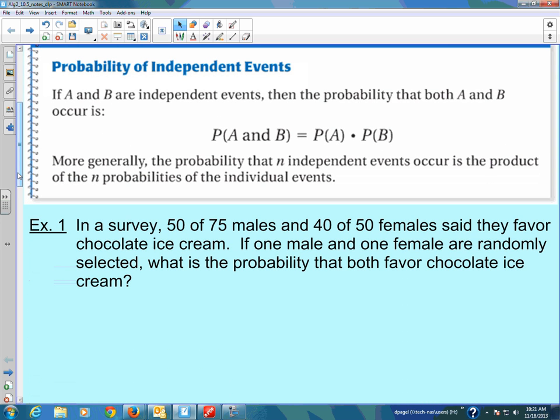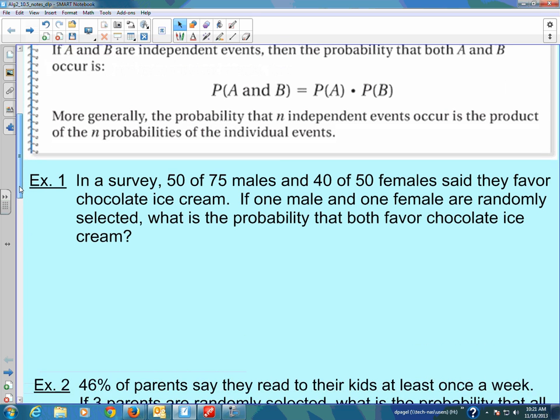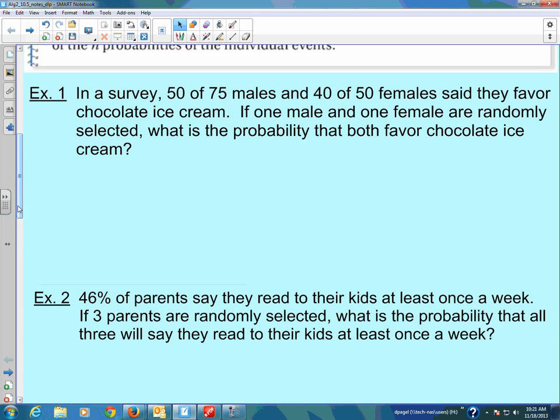Some experimental probability here with a survey of males and females and asking what their favorite choice of ice cream flavor is. So here we have 50 out of 75 males prefer chocolate ice cream. 40 of 50 females said they prefer chocolate as well. Now we go out and we randomly select one male and one female. What would be the probability that both of them favor chocolate ice cream?